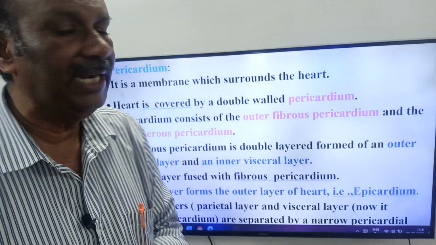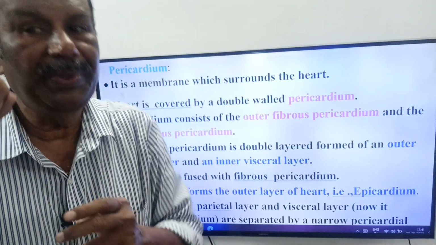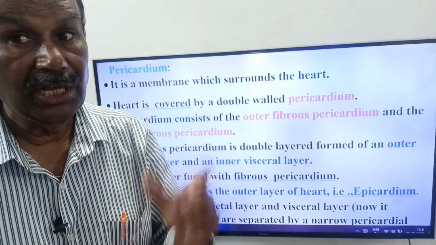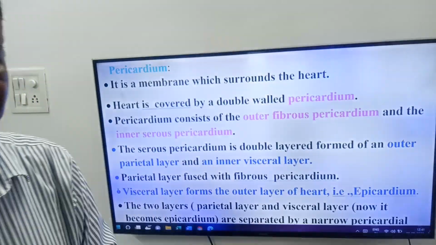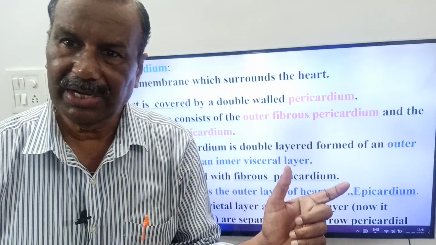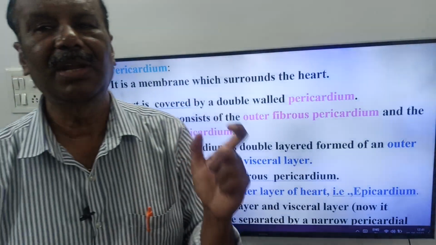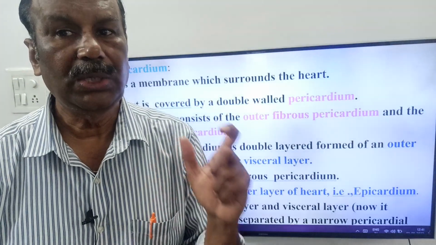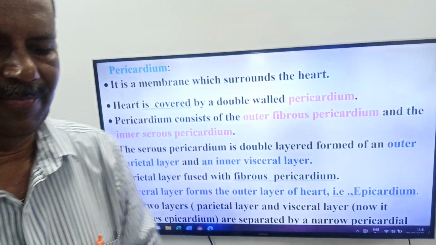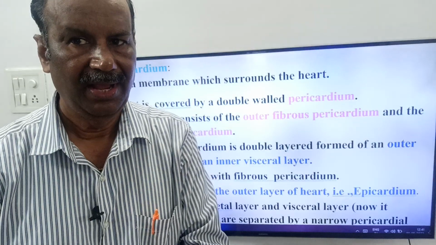Heart is covered by a double membrane, the pericardium. We have two pericardia. What are those two? One is the outer pericardium, the second is the inner pericardium. The outer one is called the fibrous pericardium, and the inner one is called the serous pericardium.